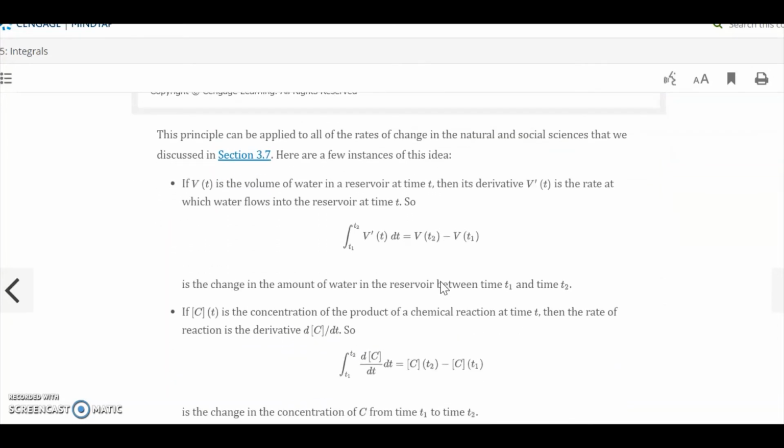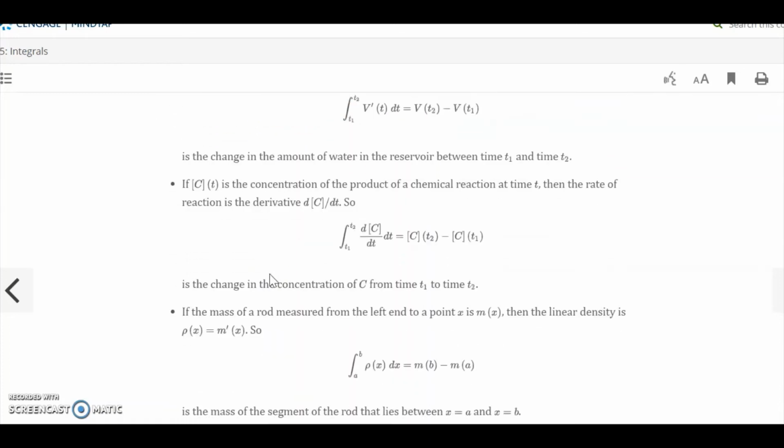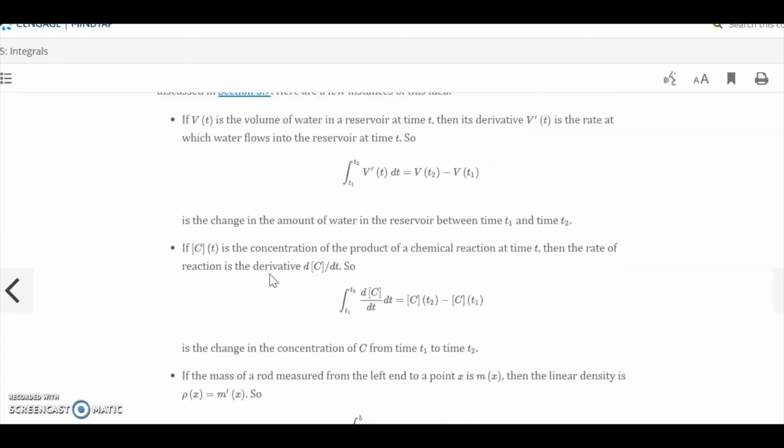So some of the examples that they give that you might see, if we're talking about volume of water, then its derivative is going to be the rate at which the water flows into the reservoir at time t. So it's a change in the amount of water in the reservoir between time 1 and time 2.